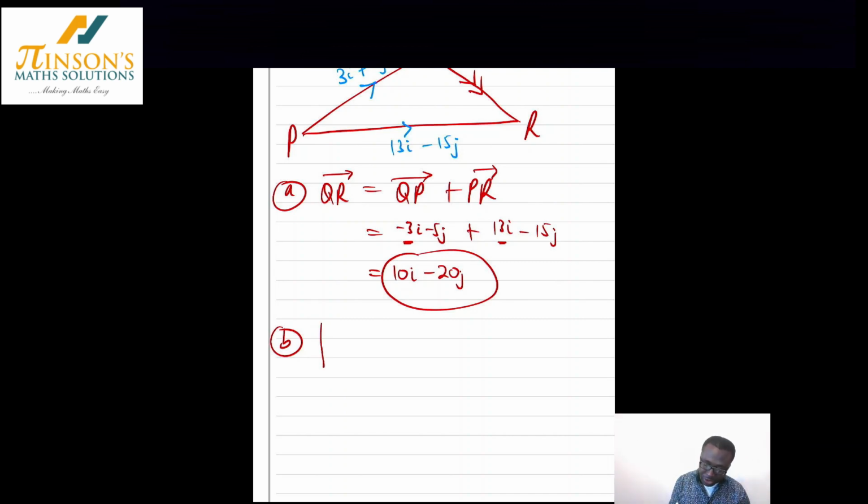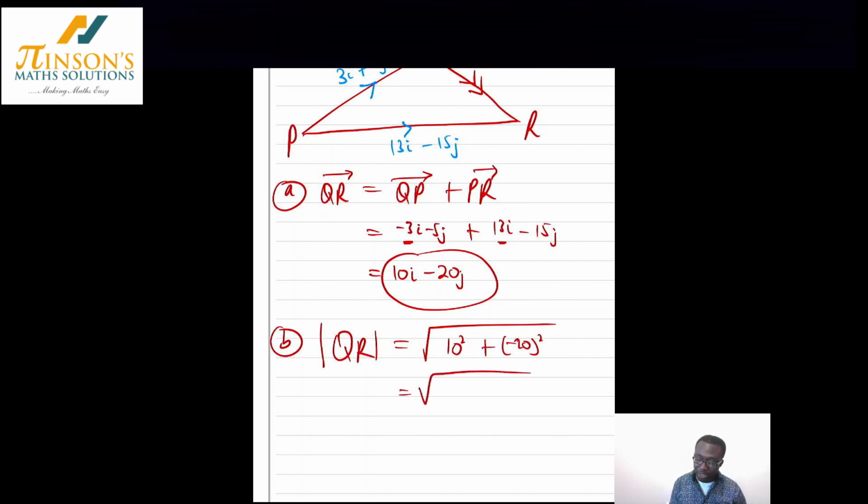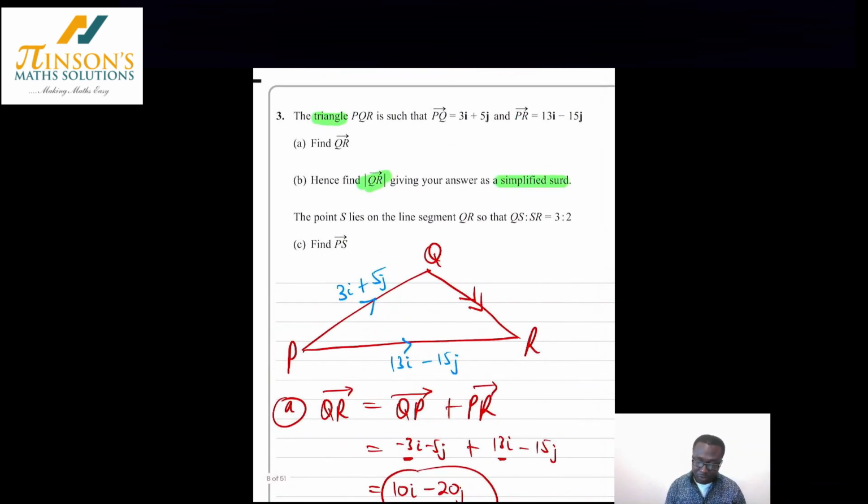So the magnitude of vector QR will be the Pythagoras, which is 10 squared plus minus 20 squared. 10 squared is 100, minus 20 squared is 400, which then gives us 500. So in surd form it will be 10 root 5 units, and that's our answer for the B part of the question.